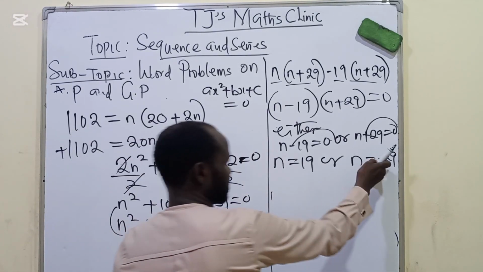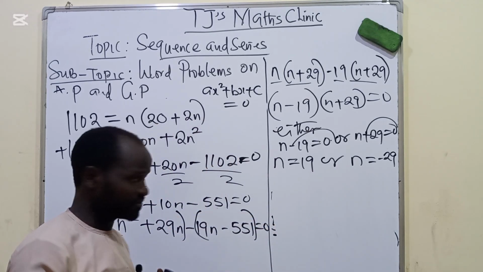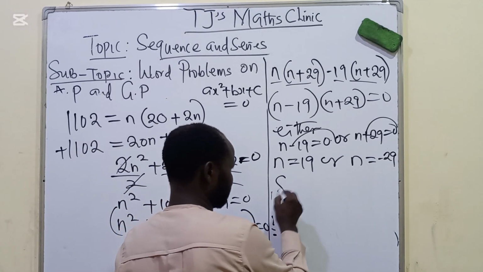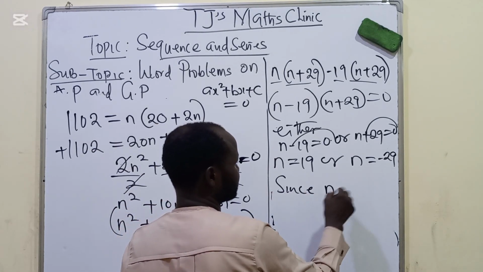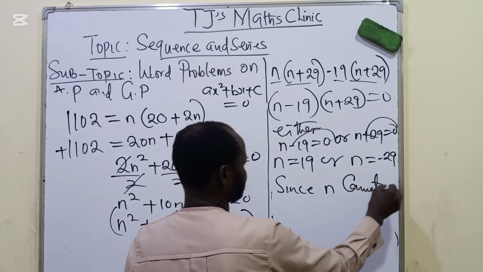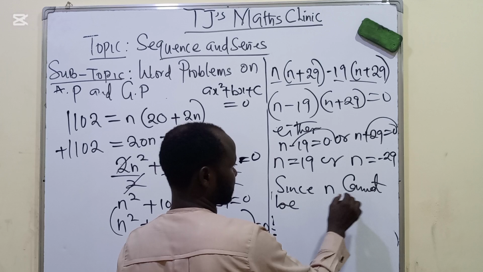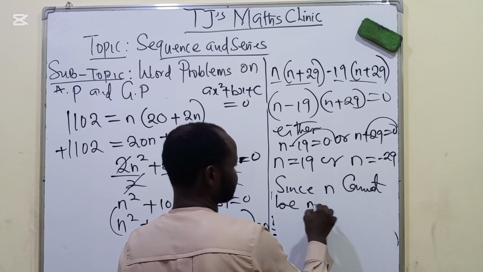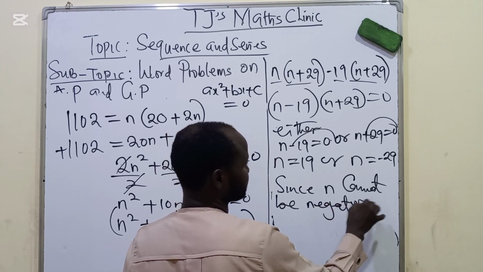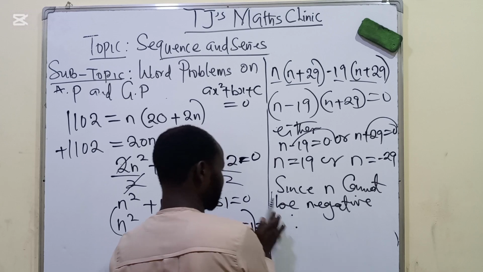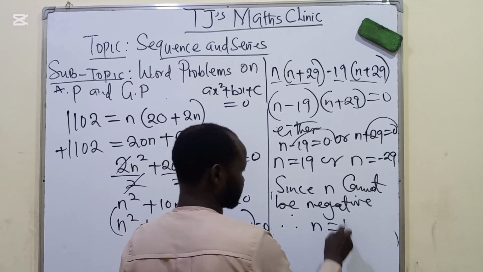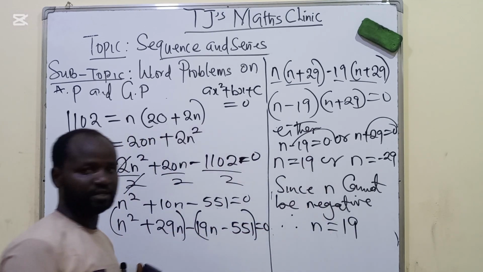And remember, the number of houses cannot be negative. So since n cannot be negative, therefore n is equal to 19. We'll pick the positive n, which is 19.